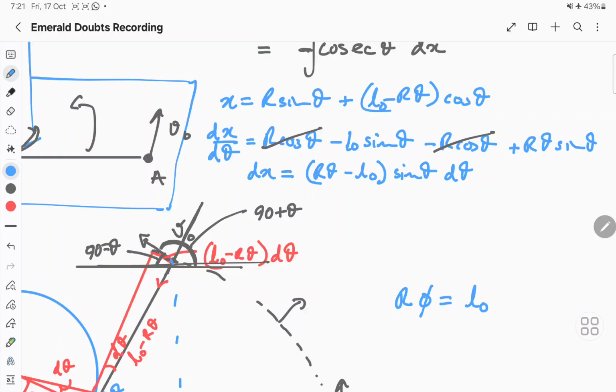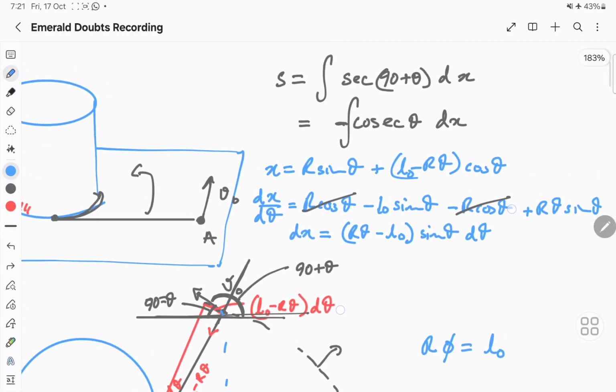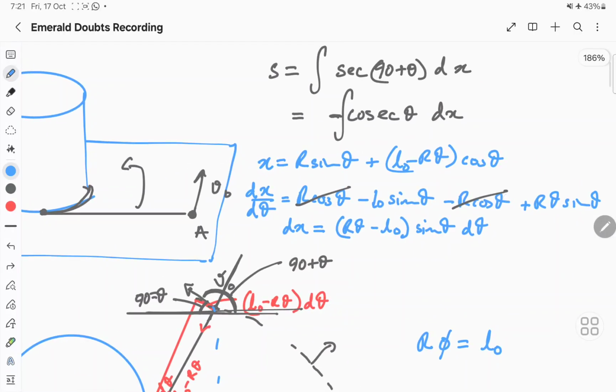Now r theta is definitely less than L naught, because the max of theta, which is phi, that time it is going to become L naught. So this is the negative term. So dx is coming negative when your d theta is positive. So no wonder, we have already seen that it should be that way. So the equation looks okay.